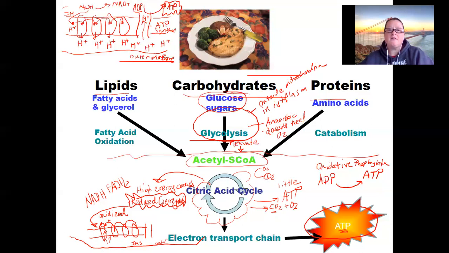All right, so glycolysis occurs outside the mitochondria in the cytoplasm. It is anaerobic, which means it doesn't require oxygen, and it is also called the Embden-Meyerhof pathway. I don't know if I spelled that right. I know I spelled it right on the next slide.